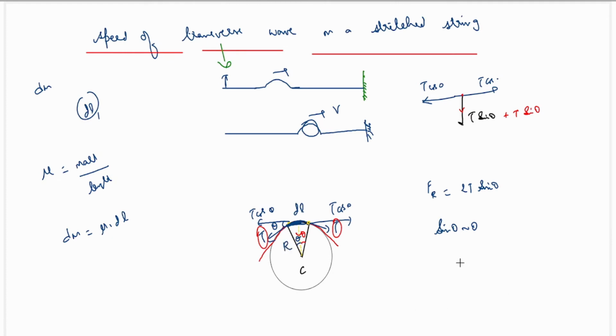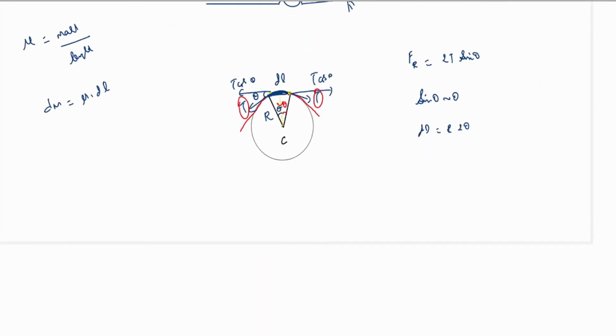For this arc element, we know that dl is equal to r into 2 theta, because recall that s is equal to r theta. So 2 theta is equal to dl by r.